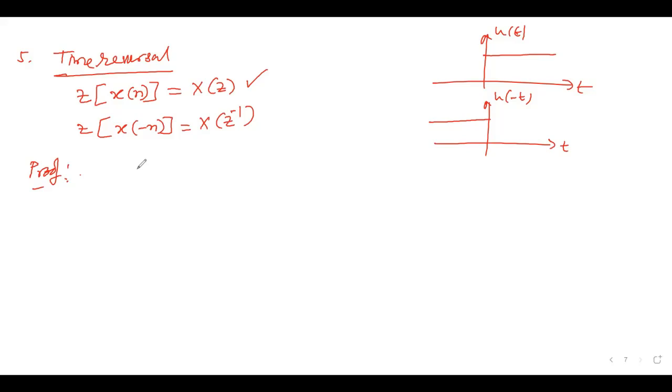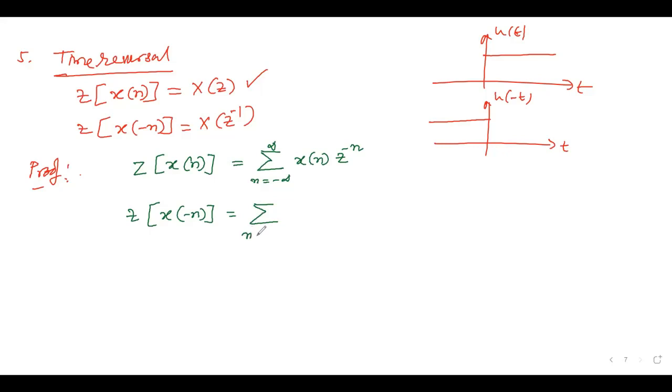What will happen then? According to our definition, the z transform of x[n] is the summation n equal to minus infinity to plus infinity of x[n] z to the power minus n. So the z transform of x[-n], by definition, will be the sum from minus infinity to plus infinity of x[-n] z to the power minus n.